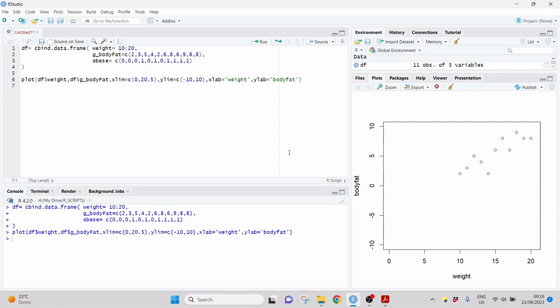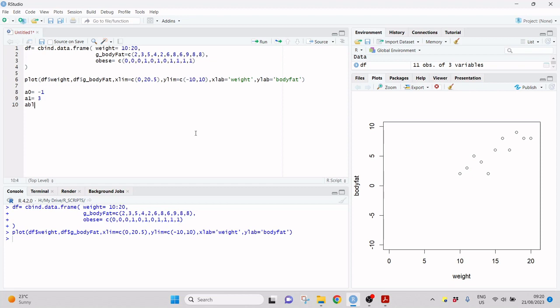Okay, so what we do now is essentially we just guess for a potential line that could lie in here. As I said, we need parameters of intercept and slope, and I'm just going to say intercept a0, let's put it to -1, and our slope a1, let's put it to 3, and then we do a simple abline, where a is our a0, and the slope is called b, which I called above a1.